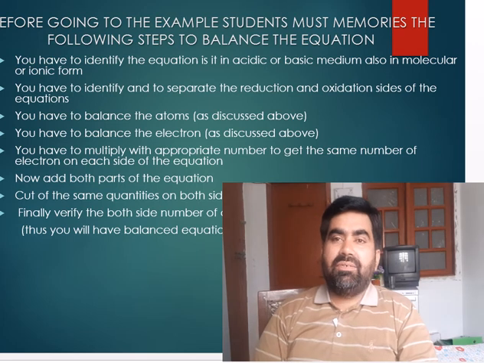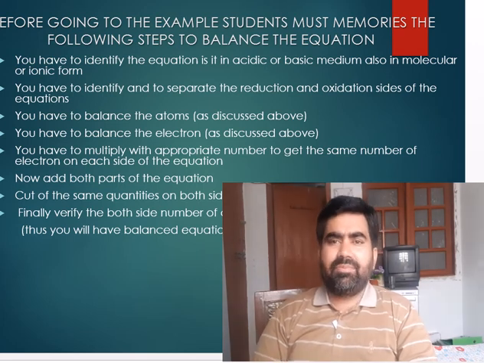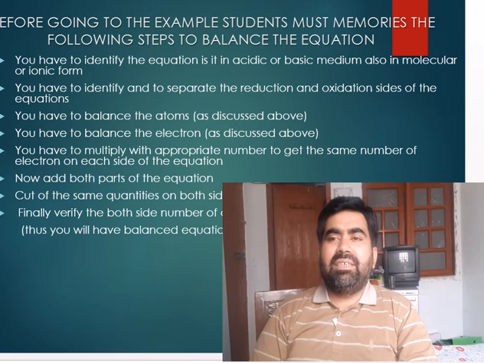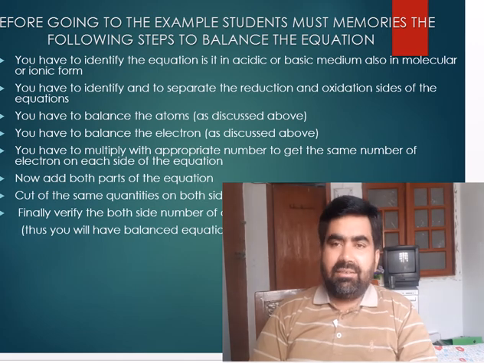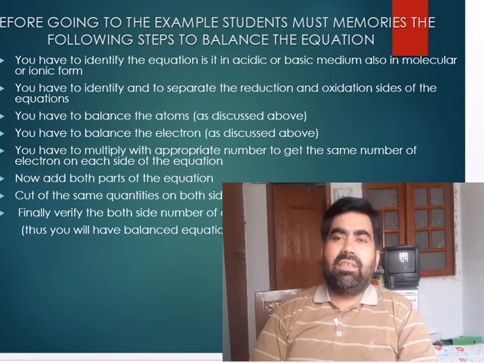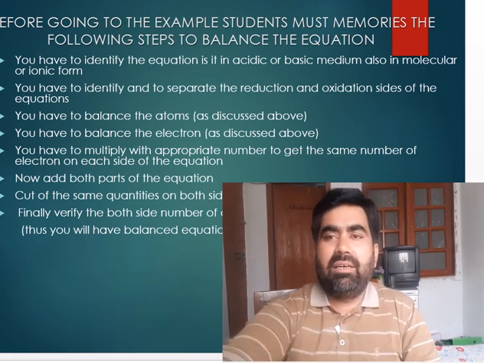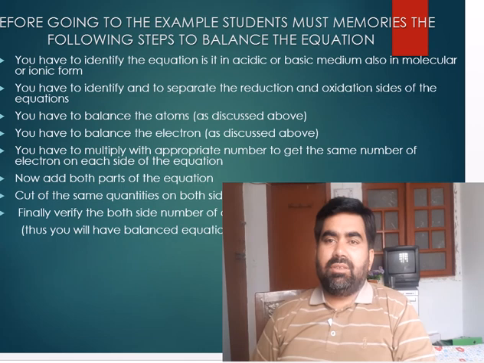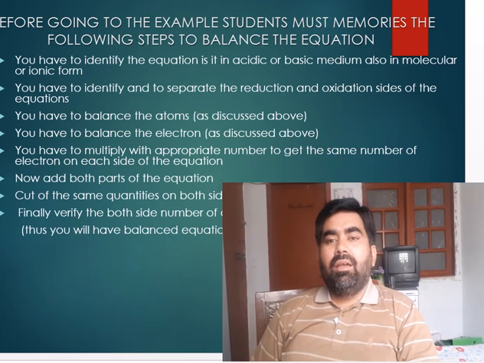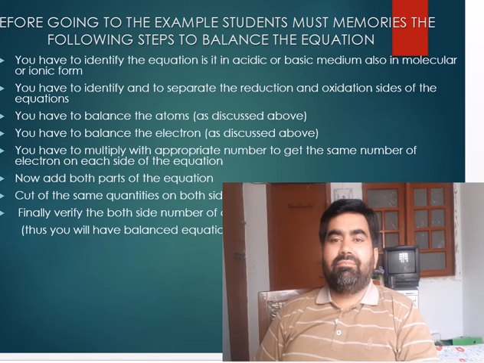You have to identify whether the equation is in an acidic or in a basic medium. You have to identify whether the equation is in a molecular form or in an ionic form. You have to identify and separate the reduction and oxidation sides of the equation.